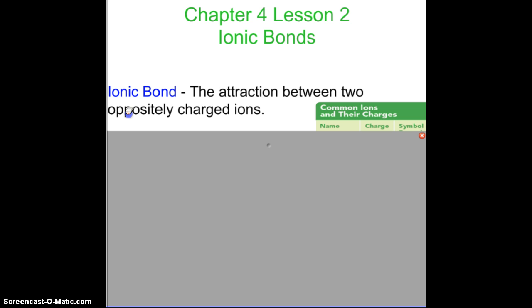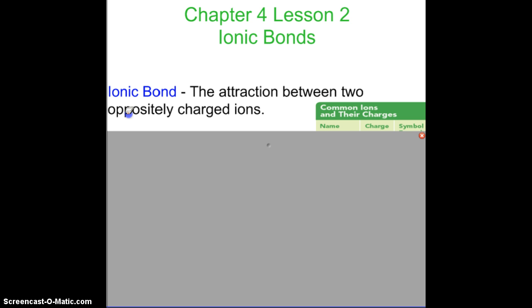So atoms have traded or moved their electrons. Once that happens, there's attraction. We call that a chemical bond. We're going to talk about two specific types of bonds, and this first lesson is about ionic bonds.